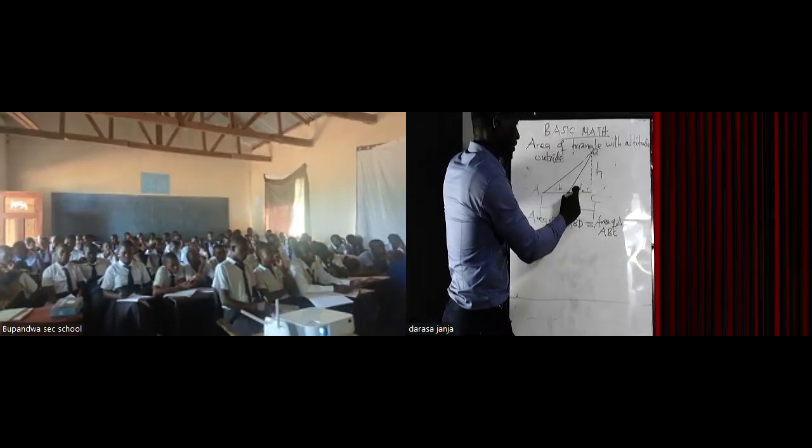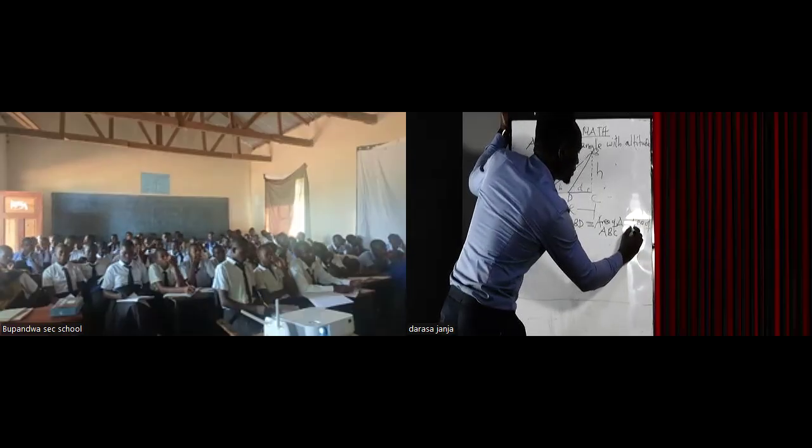The small triangle is BCD, whatever the case. So subtract the area of triangle BCD to get the area of triangle ABD, this one.